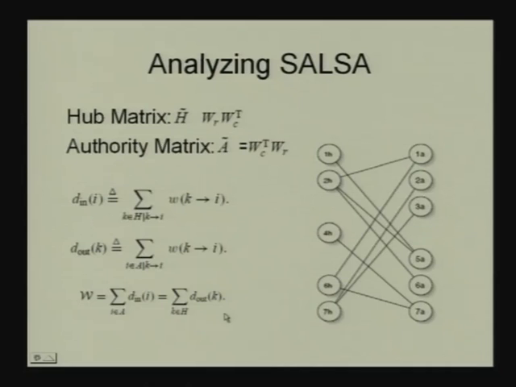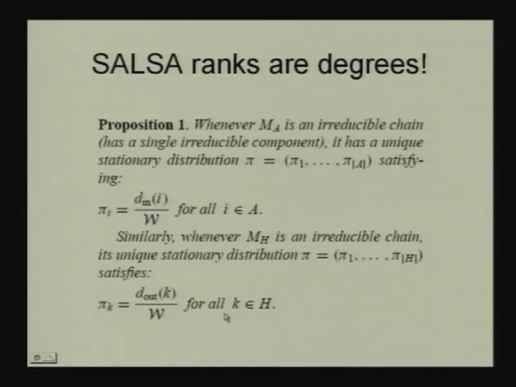Now comes the real punch. When you do all the analysis of this SALSA algorithm, you can show this particular theorem. MA is the authority matrix. He has used a different symbol in different parts; I have taken all this from the original paper. If the authority matrix is an irreducible chain, meaning it's a single component, then you have a unique eigenvector, so it has a unique stationary distribution, which is obviously true.